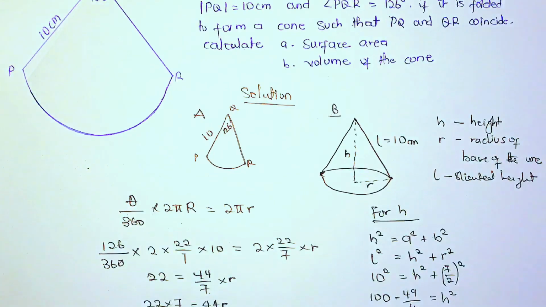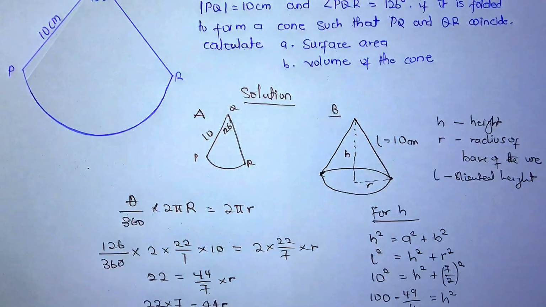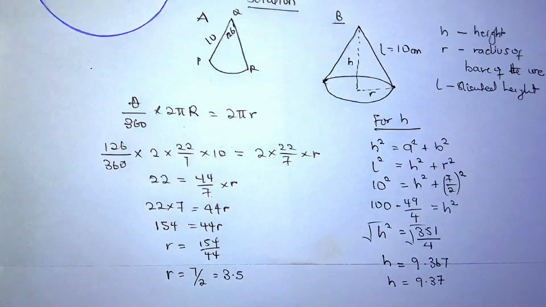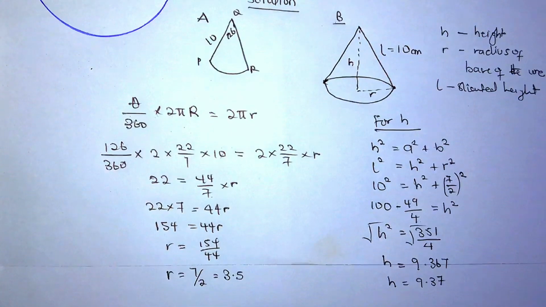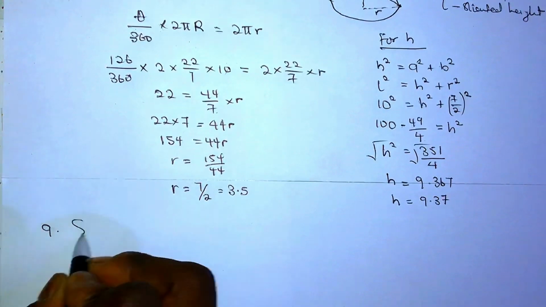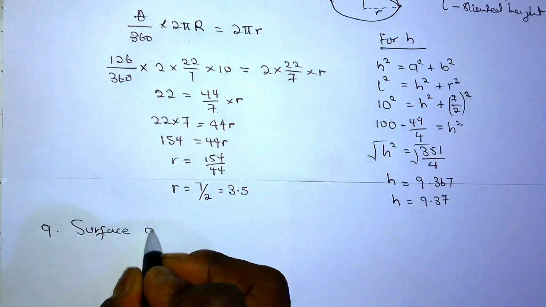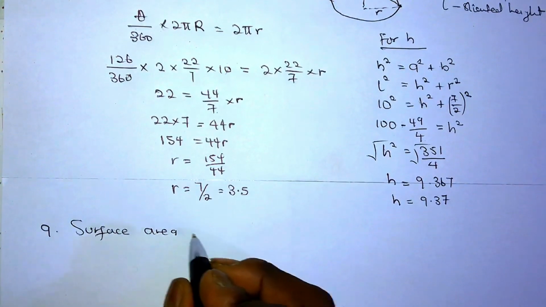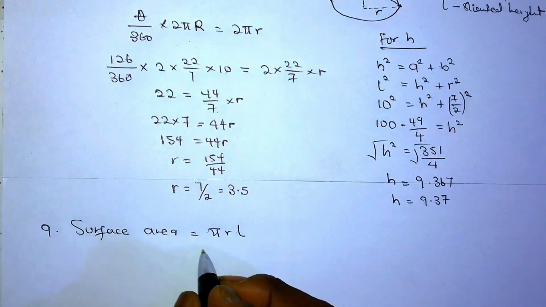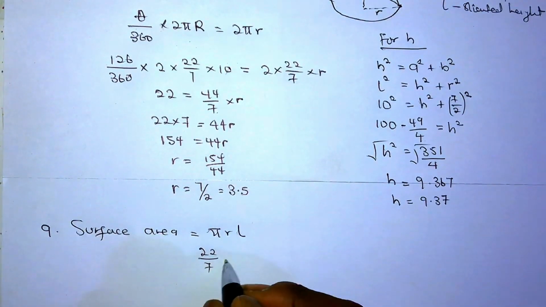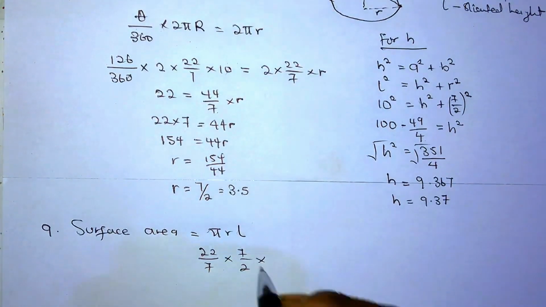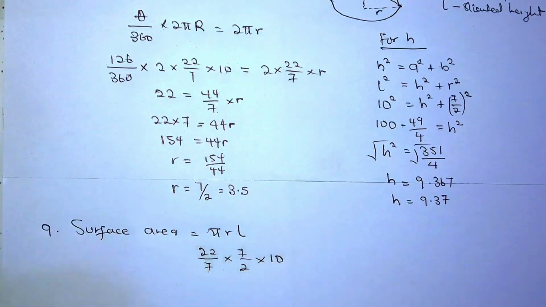The first question says that we have to calculate the surface area. So surface area of a cone, A, is given by pi r L. Pi is 22/7 times the radius, which is 7/2, times L, the slanted height, which is 10.